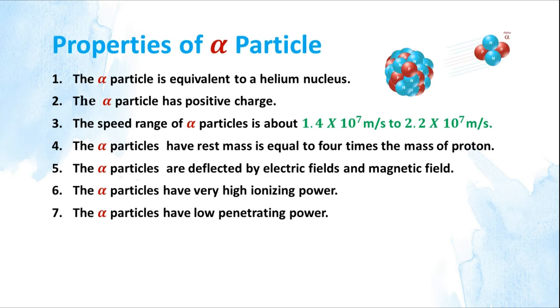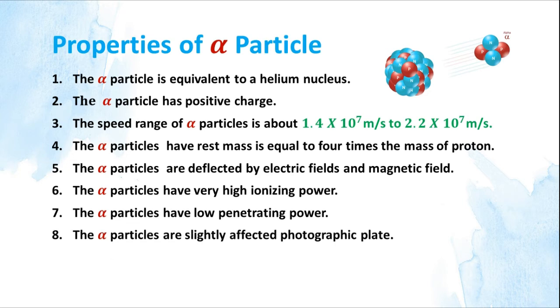The alpha particle cannot penetrate that book because the book is thick, but it can penetrate a very thin sheet. If it is thick, the alpha particles cannot pass inside it. That is called penetrating. Penetrating power is very low as compared to beta and gamma.